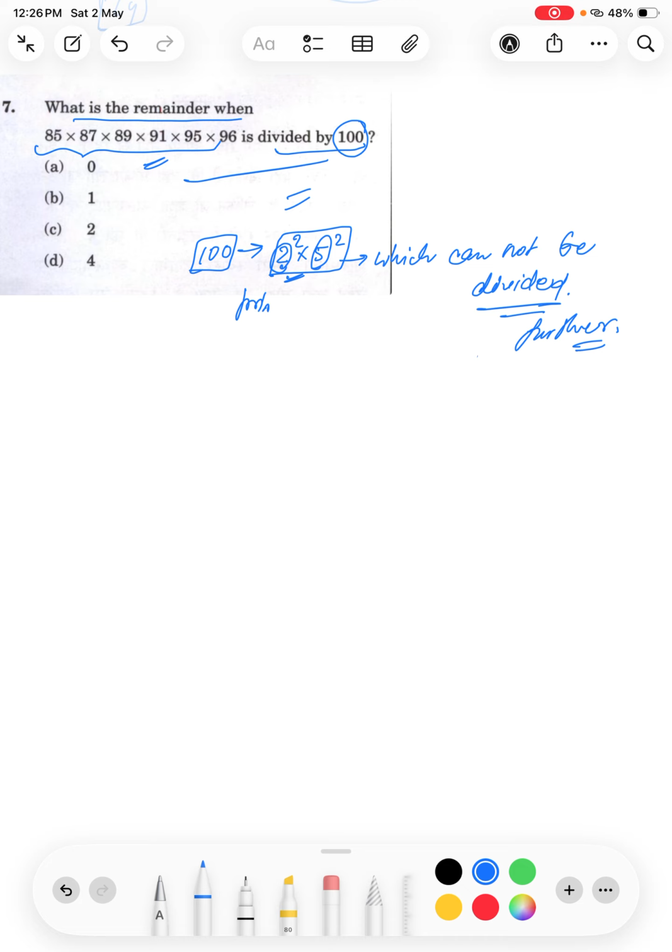So that's why we do prime factorization.